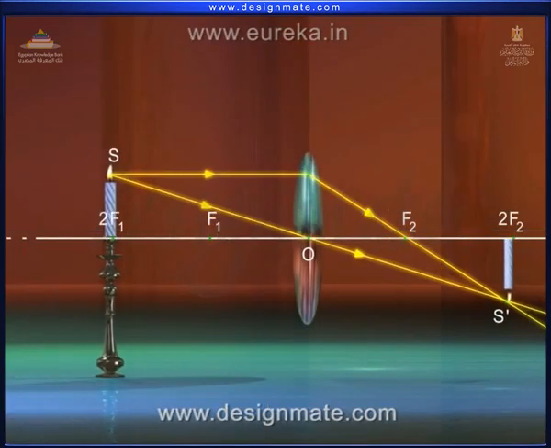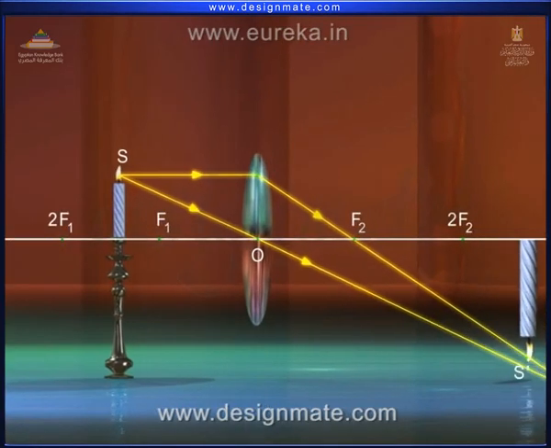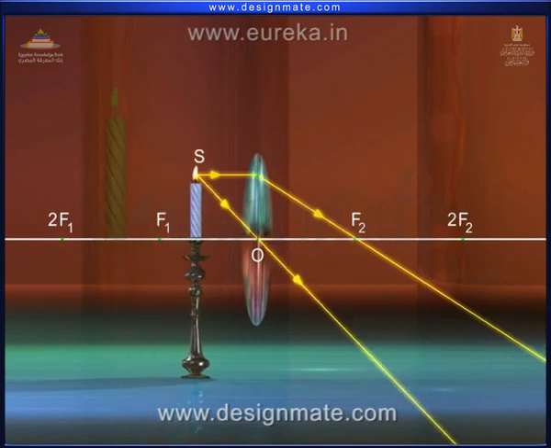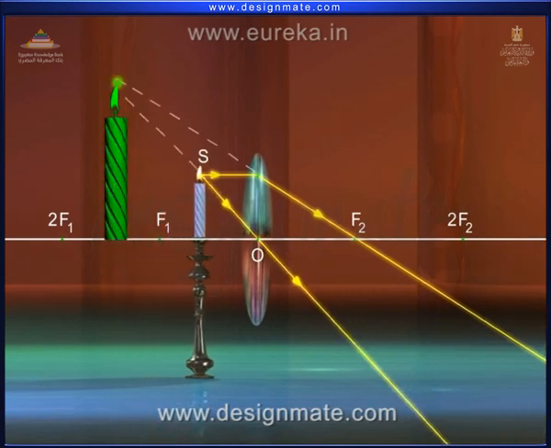Hence, we have studied how an object kept at different positions with respect to a convex lens produces different types of images.